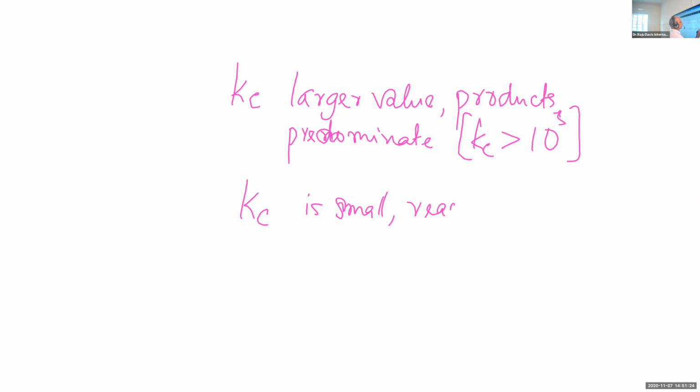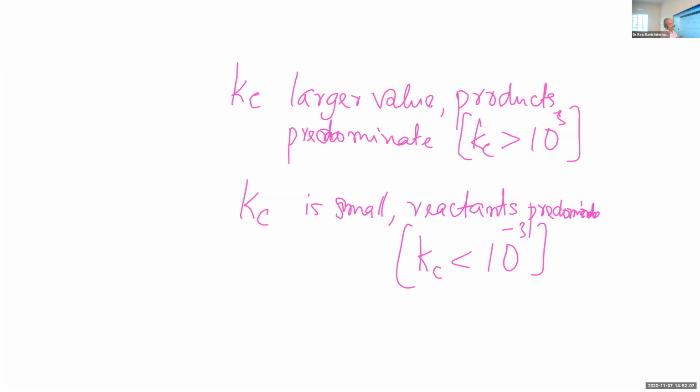The backward reaction occurs at a faster rate, so the reactants will be predominating in that reaction. A smaller value of Kc means it is less than 10 raised to negative 3. Then the backward reaction takes place.